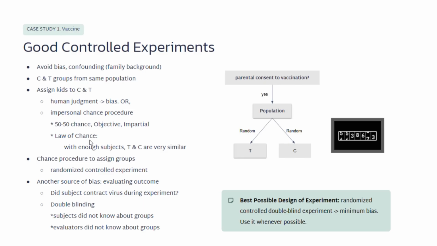And the law of chance guarantees that with enough subjects, your treatment and control groups are very similar with respect to all important variables, even though you don't know what those variables are. But by relying on the law of chance, you make sure that if you have enough subjects, then your treatment and control groups are identical, and you eliminate the bias.